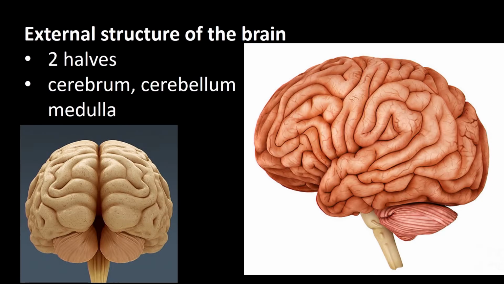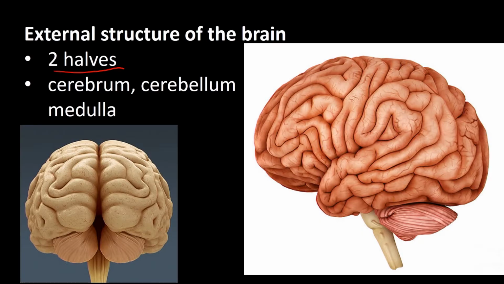What does the brain look like? First of all, if you look at the brain, it has 2 halves or hemispheres. And when you look at the brain, it will appear a pinkish grayish color because gray matter, which is the cell bodies of the neurons, forms the outside of the brain, and there are all these folds, and the folds are there so you can fit more of these very important neurons into your brain.